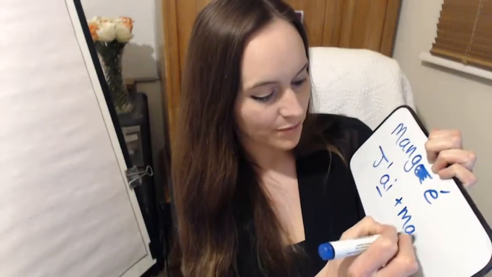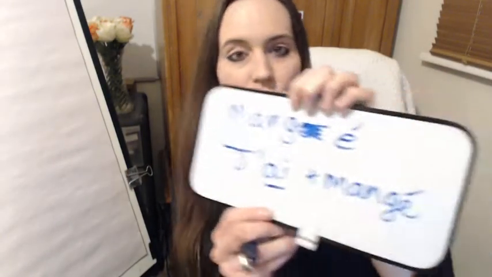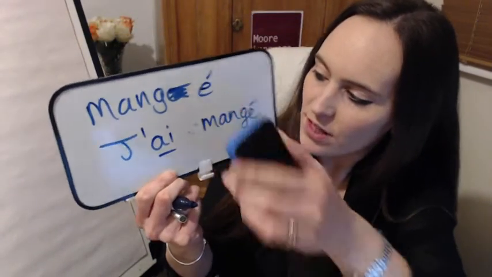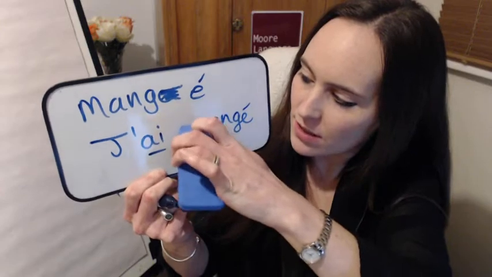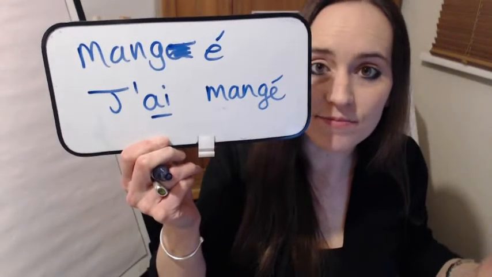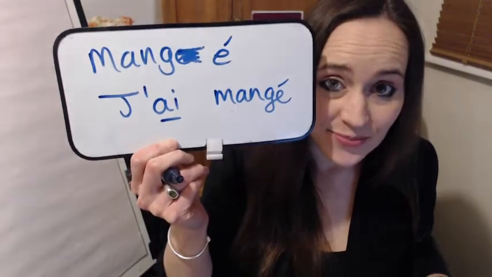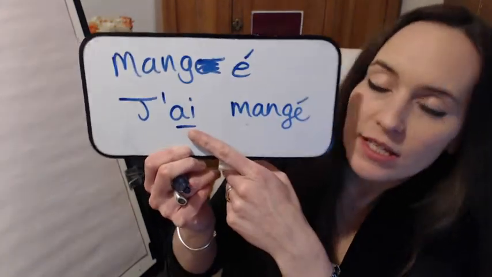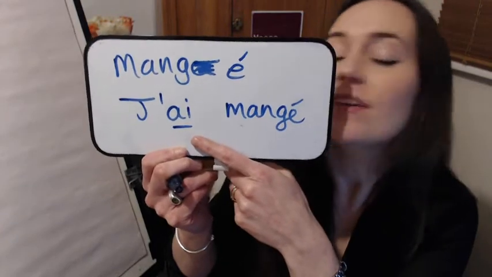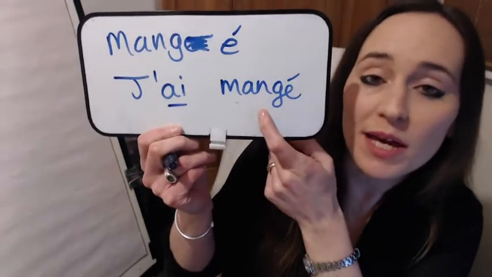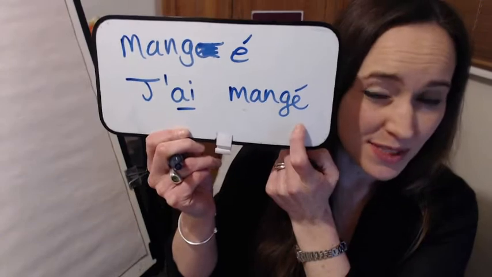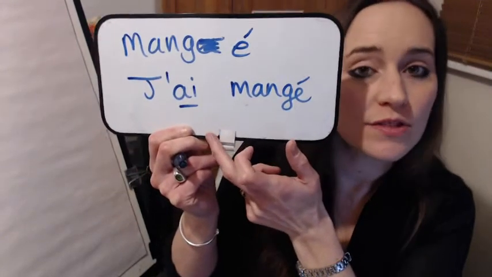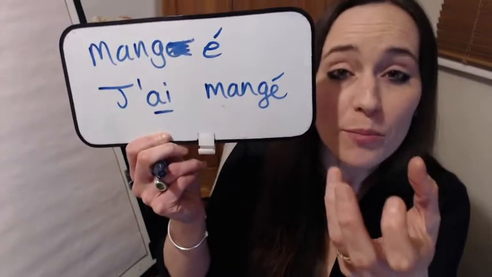So j'ai mangé, and that means I have eaten or I ate. Okay, so avoir is the first part, and then the main verb with the past participle ending. That past participle after the auxiliary verb forms a compound tense.